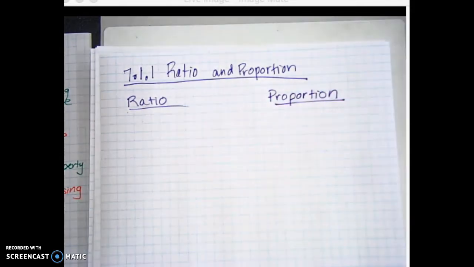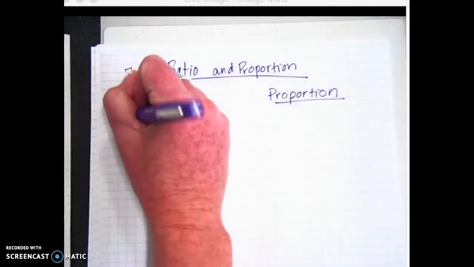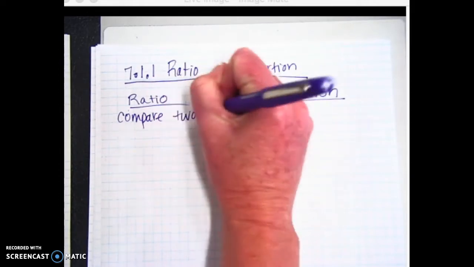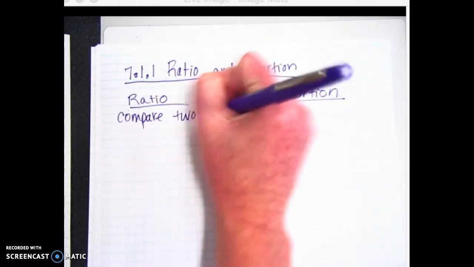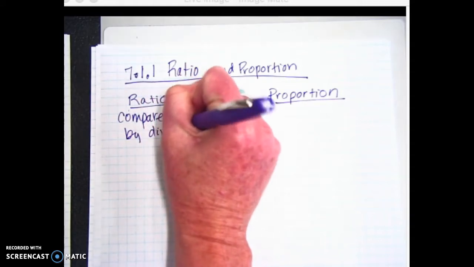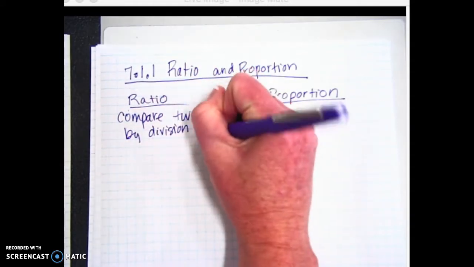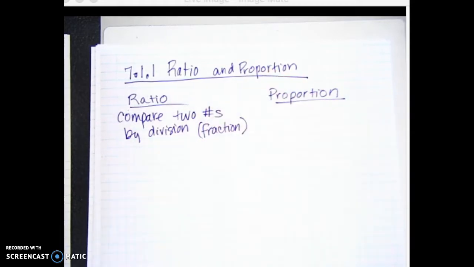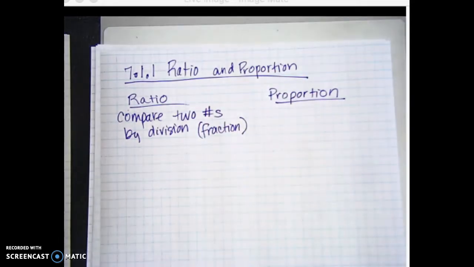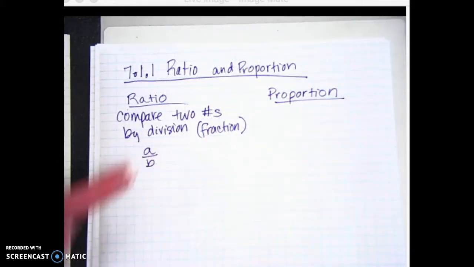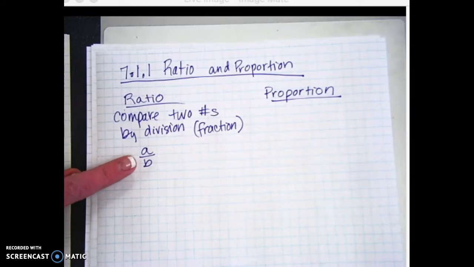So a ratio is just going to be where you compare two numbers by division. And we usually write it as a fraction, but there are a couple other ways to write it, okay? So the easiest way is just say A over B is your ratio.